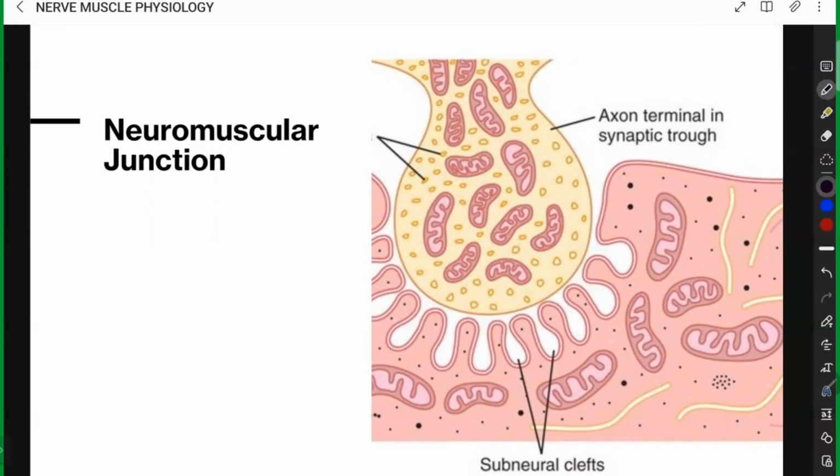Close all your textbooks, close everything you have in your hand, and just understand this concept, because just this diagram itself carries importance. It is asked as a separate short note question, and the entire neuromuscular junction is also asked as an essay question. Numerous MCQs are asked from this point. Therefore, I request you all to have utmost concentration. In just the next half an hour, we will be completing the entire neuromuscular junction.